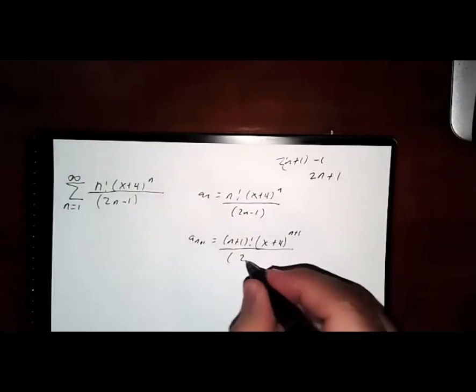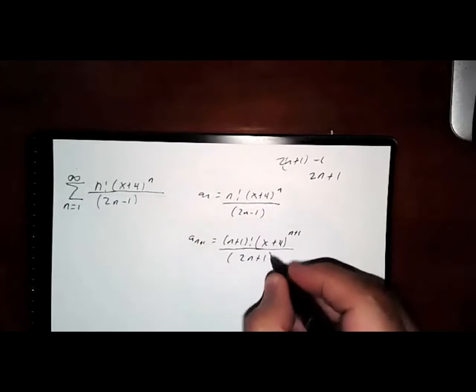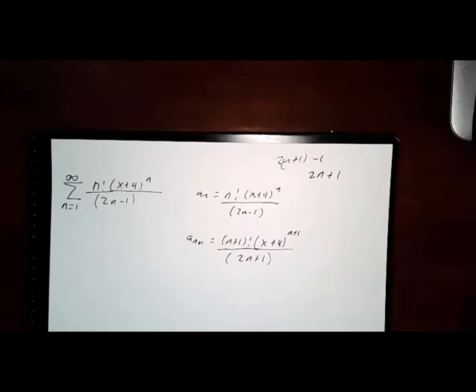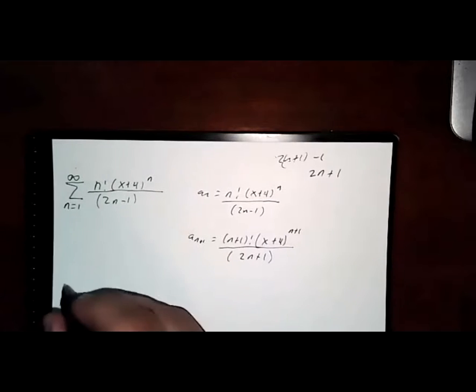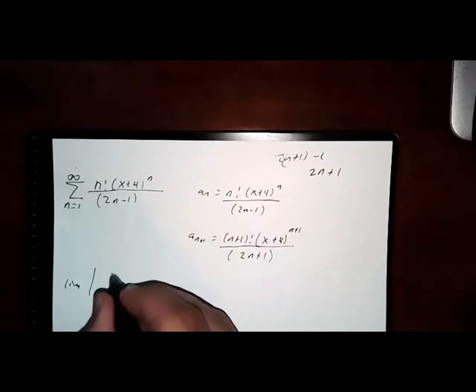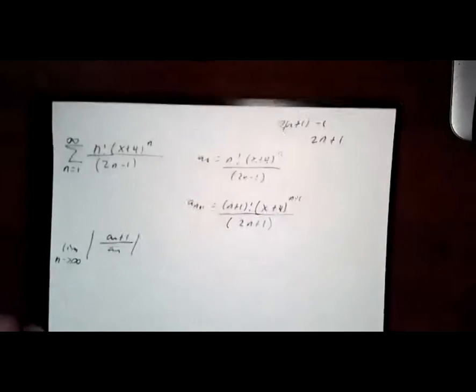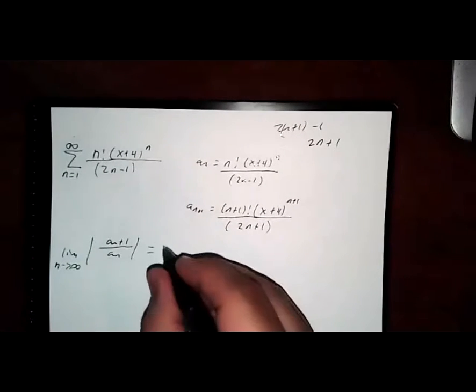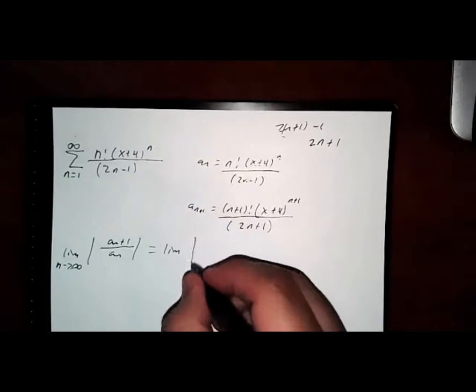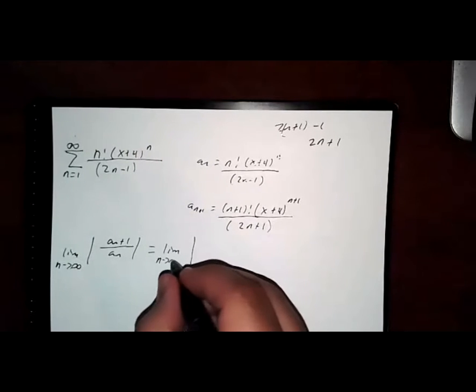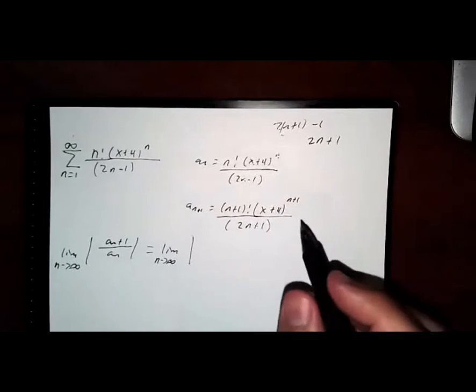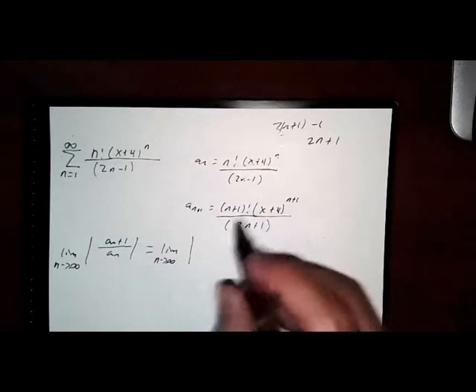So I have a 2n plus 1 down here. Okay. All right, so the limit of the absolute value of a sub n plus 1 over a sub n as n goes to infinity would equal the limit of, let's see, this goes first.